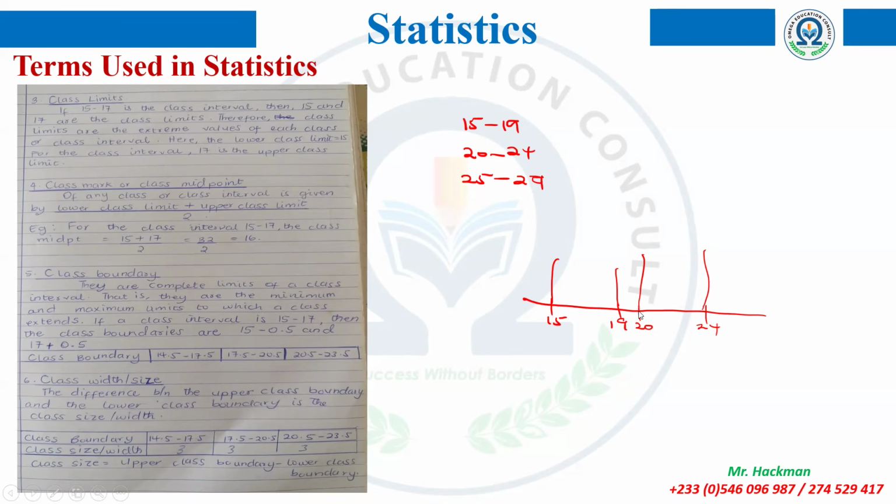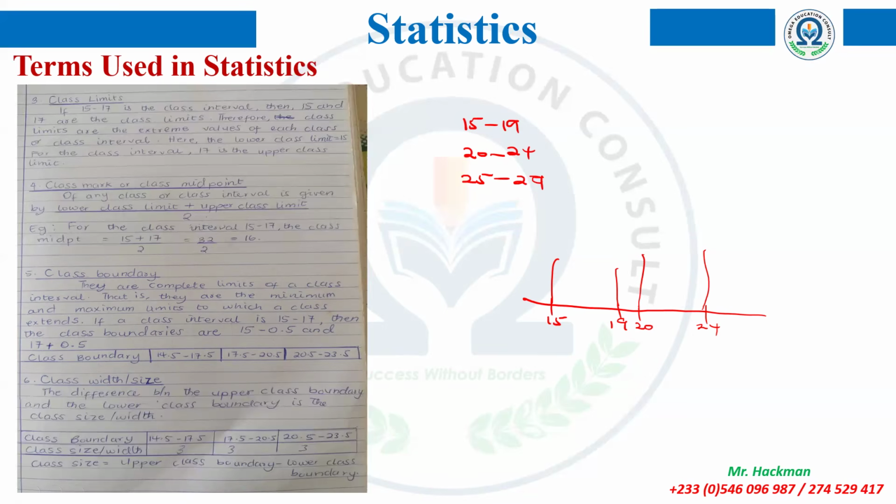It's in terms of limits, because I can see differences between the values: 19, 20, 24, 25. Immediately the terminal value of your first class is not the same as the initial value of your next class, it means what you have there is in terms of limits, not boundaries.